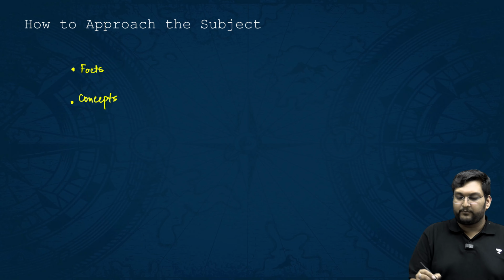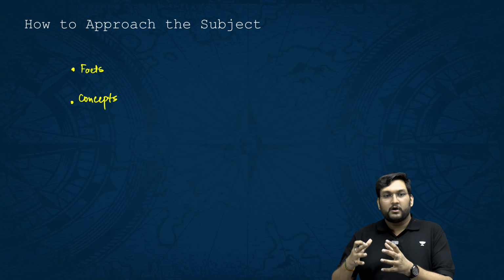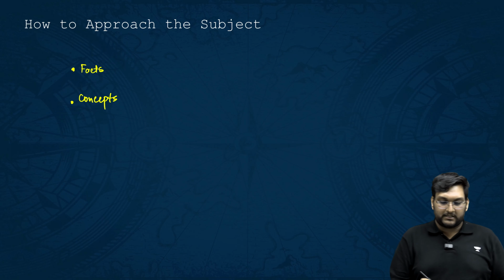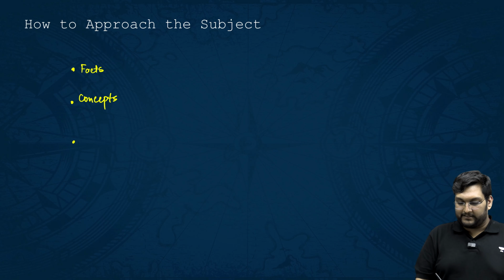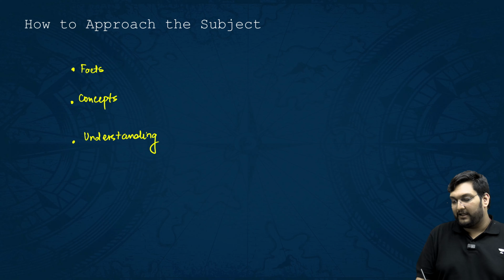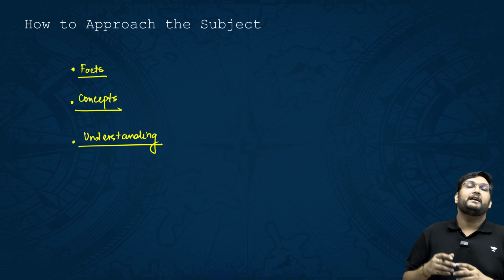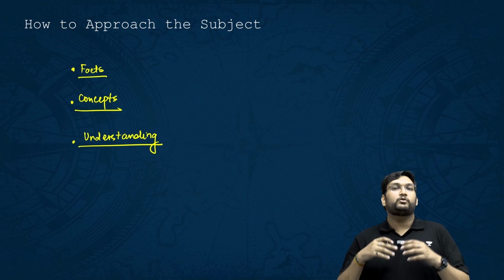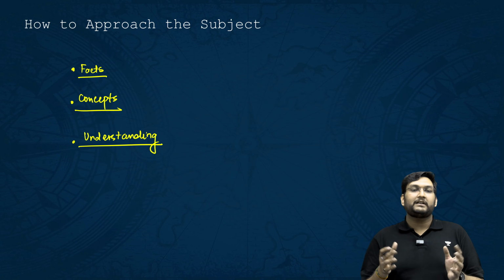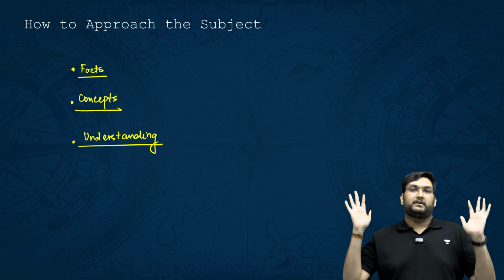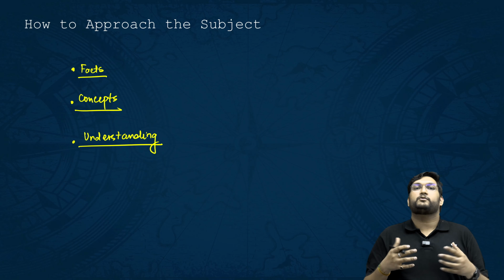Concepts are extremely important because that will get you good marks in the mains examination. And we've also established that understanding of core concepts is even more important. Everything cannot be rote learned and everything cannot be seen through the same lens. There's a very big misnomer that you leave the factual part and do only conceptual understanding.